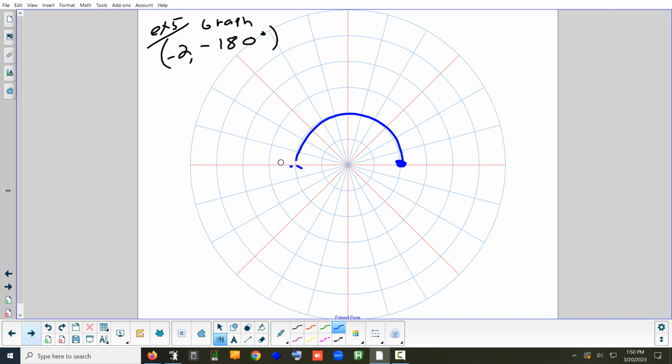Now, I can just put that like that so you can see that. If that was a positive 180, how would my answer change in terms of where I end up? It wouldn't. Well, if it's positive 180, that means you just go this way. Negative 180 or positive 180 would still land you in the same spot. If you wanted to land over here, which is on the opposite side, you could just make this angle what? 360.